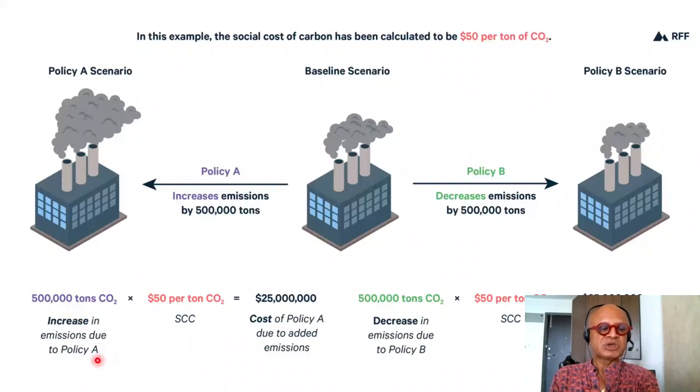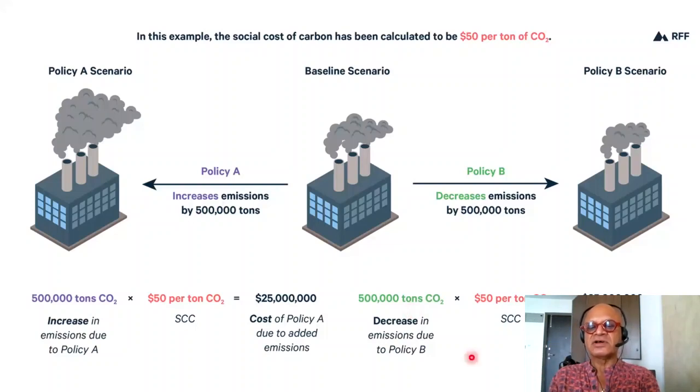So increase in emission due to policy A is going to cost you 25 million. So cost of policy A due to added emissions is $25 million. In policy B, you are decreasing the emissions by 500 million tons. So again, 500,000 tons. Why am I being so thick?